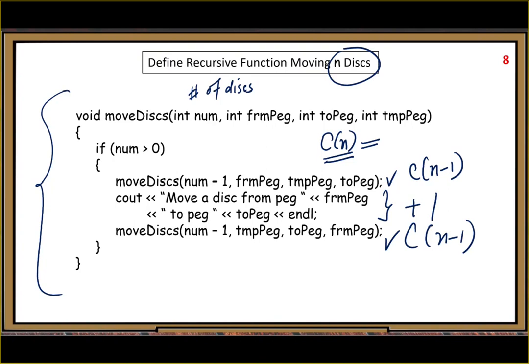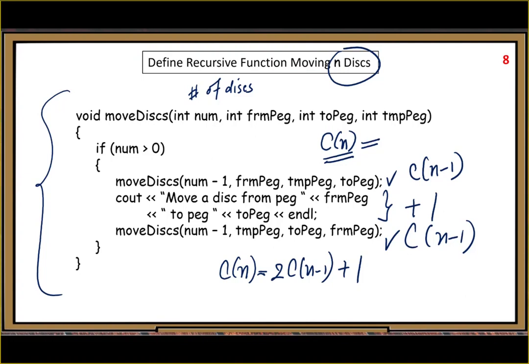When we break down the original C function, we have another representation in these 3 steps. After we combine these 3 steps, we get the equation C of n equals 2 times C of n-1 plus 1. A recurrence relation.